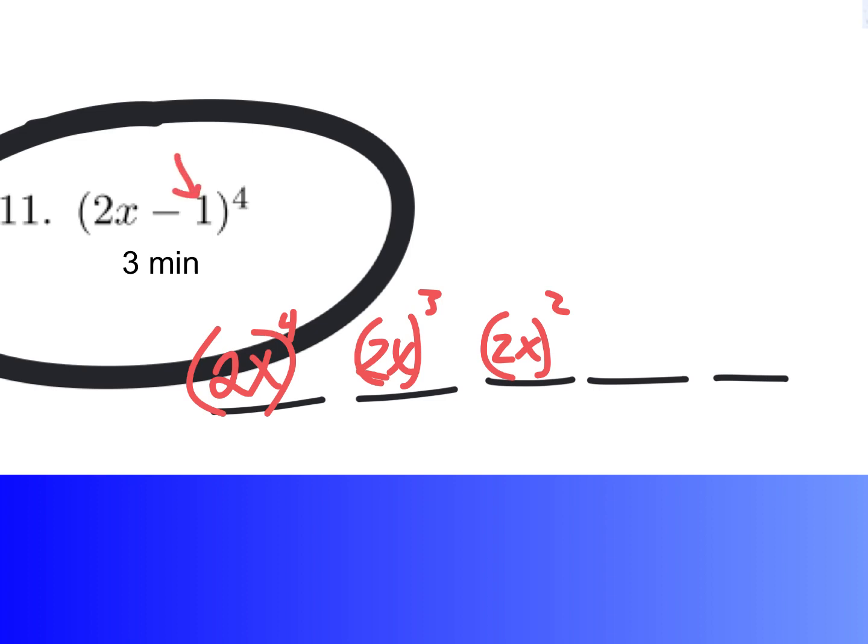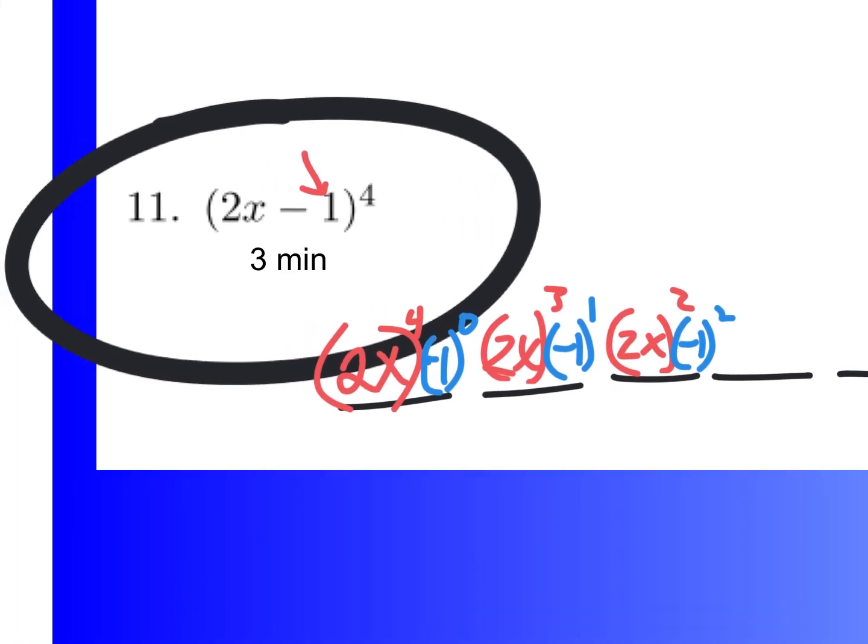So when you do the negative 1, you're going to do negative 1 to the 0, which is 1. Negative 1 to the 1, which is negative 1. Negative 1 to the 2nd, and it slowly rises. Where the other one slowly descends, this one slowly ascends. And then how do you get the coefficients? 4 choose 0.